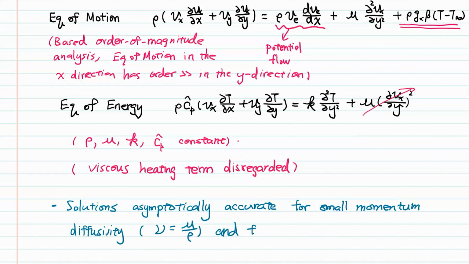And for small thermal diffusivity, the definition of thermal diffusivity is alpha equals the thermal conductivity over rho times the constant pressure heat capacity. So the solutions are asymptotically correct for small momentum diffusivities and small thermal diffusivities.